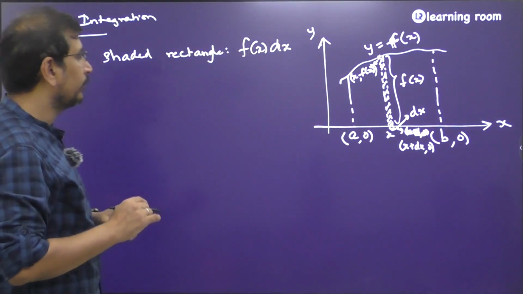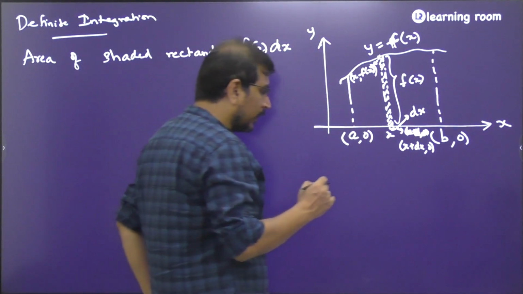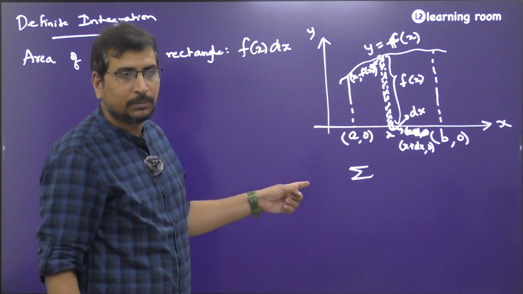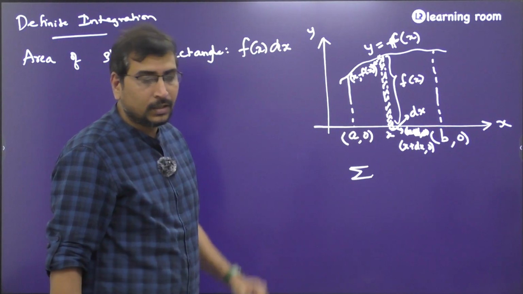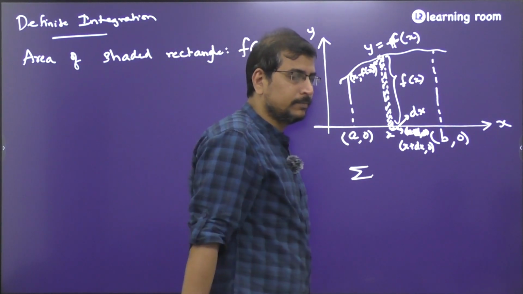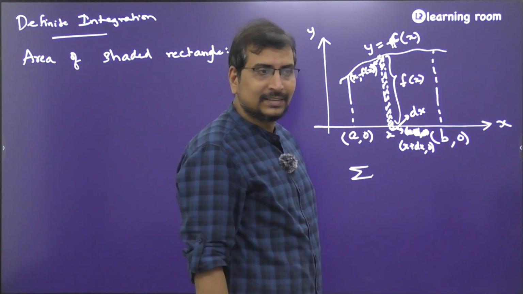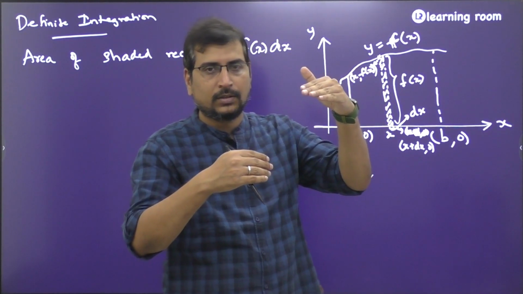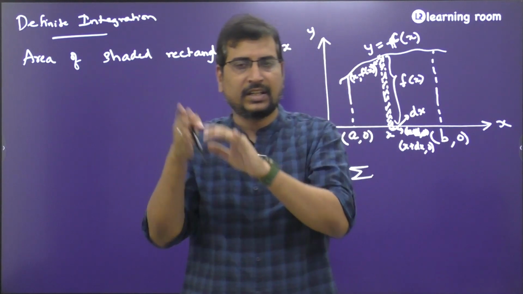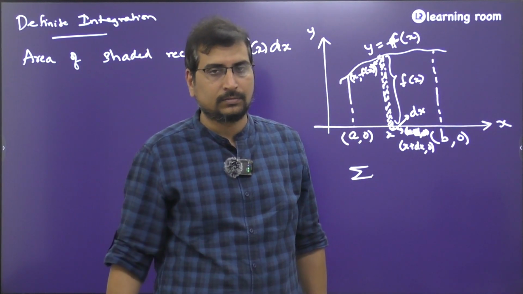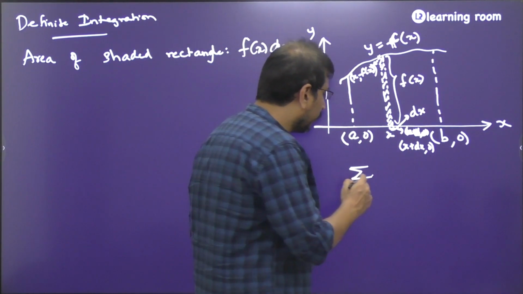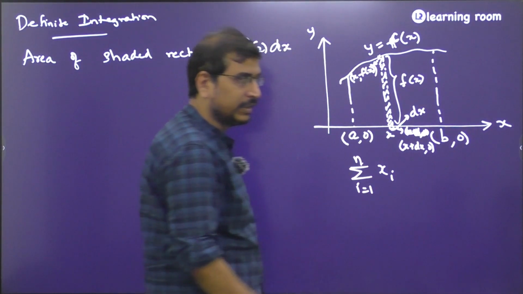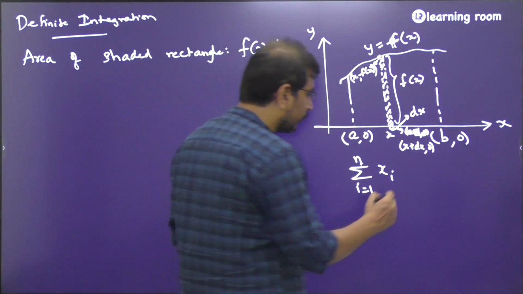So listen to this carefully. In your lower grades, you would have learned that you use sigma when the data is discrete. Where do you use sigma? In statistics, where data like x1, x2, x3 are discrete. You will use sigma xi where i varies from 1 to n. What is the meaning of this?